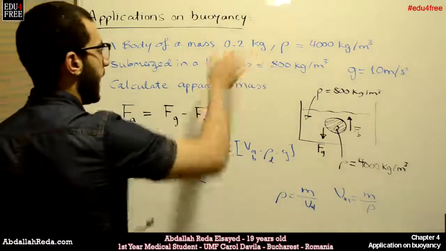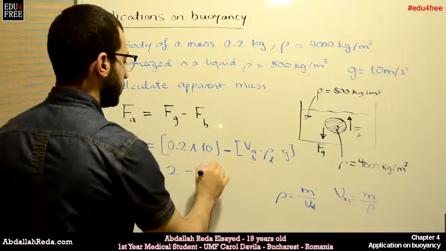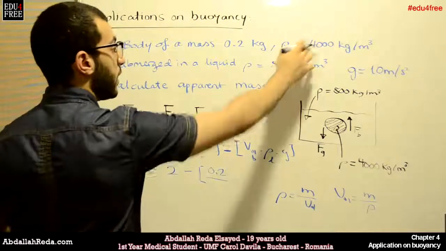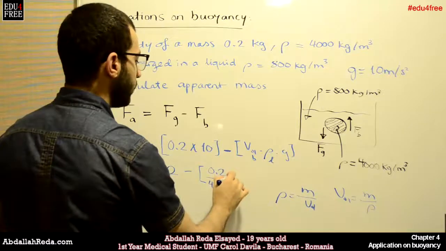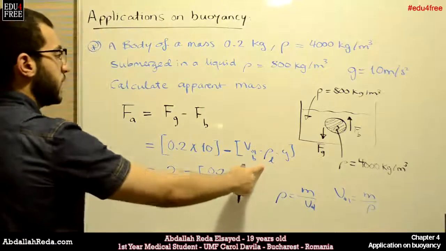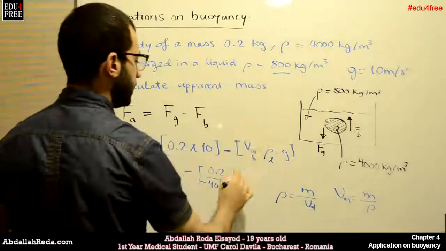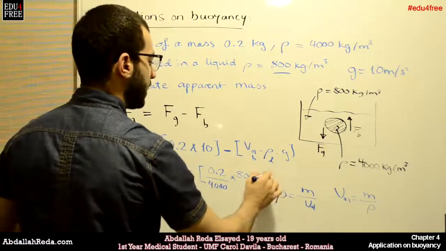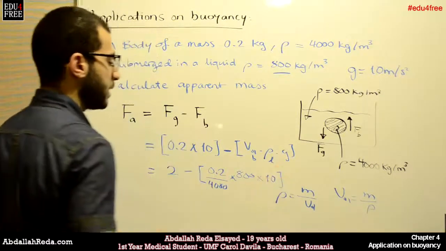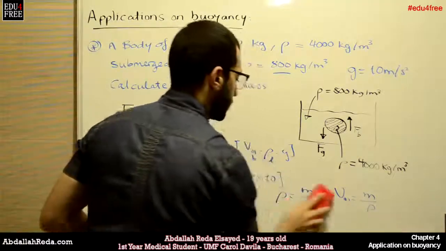So we have the mass, 0.2, divided by the density, which is 4,000. And then we multiply this by the density of the liquid, which is 800, and multiplied by gravity, which is 10 meters per square second.